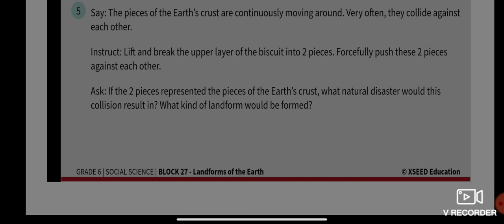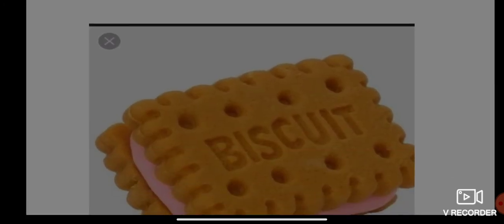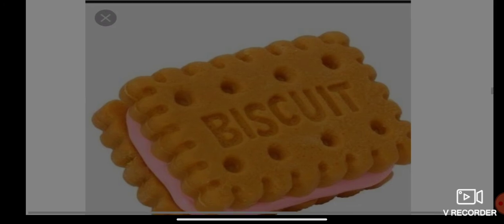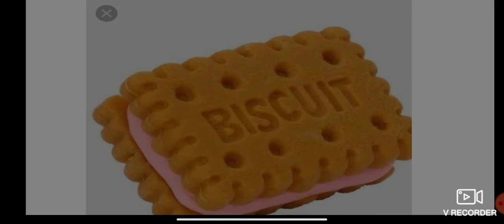All right, so if the two pieces represent the pieces of the earth's crust, what natural disaster would this collision result in, and what kind of landform will be formed? So taking the example of this biscuit, suppose you break the biscuit into two and try to join the biscuit forcefully.